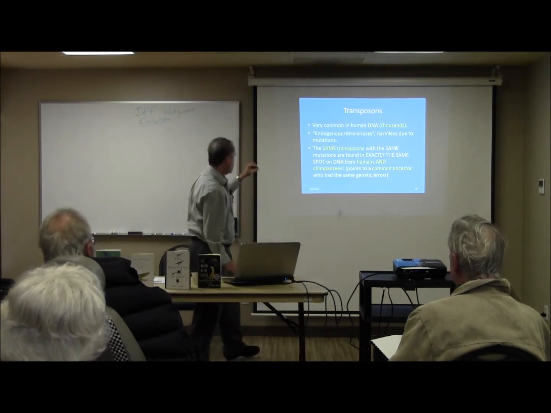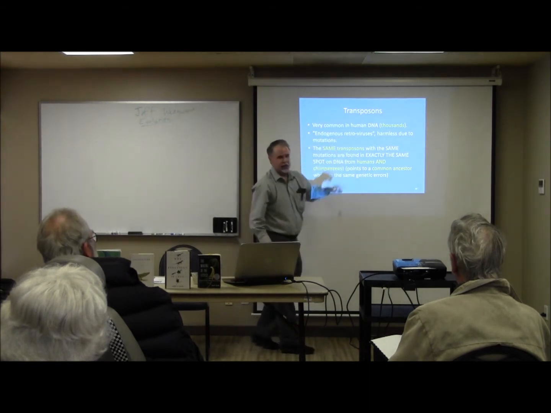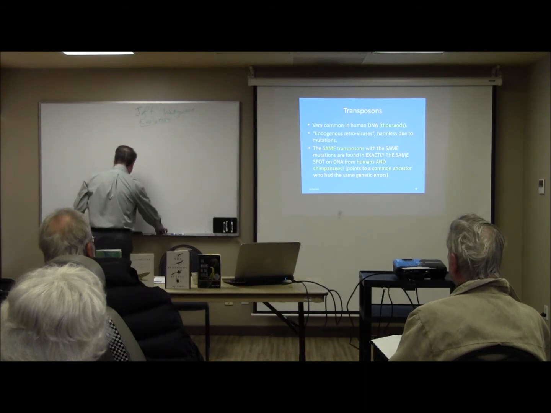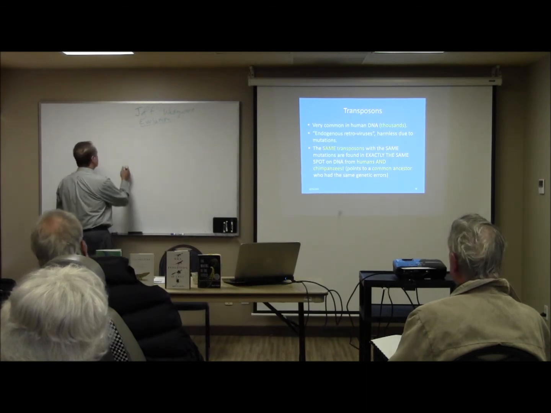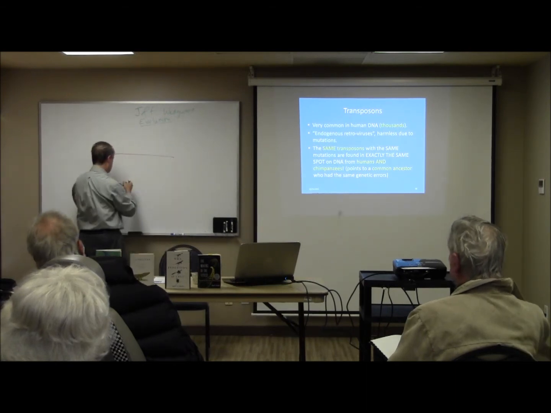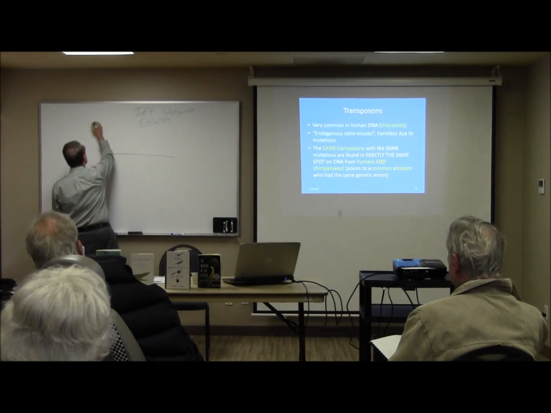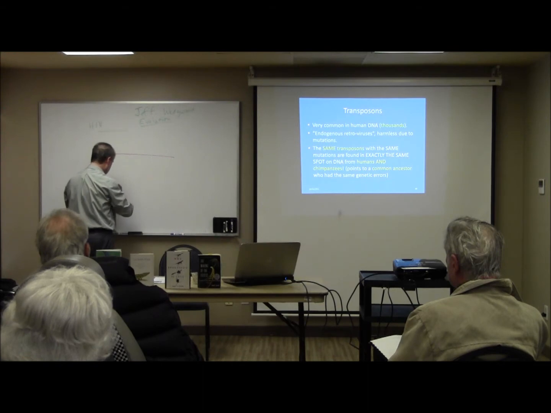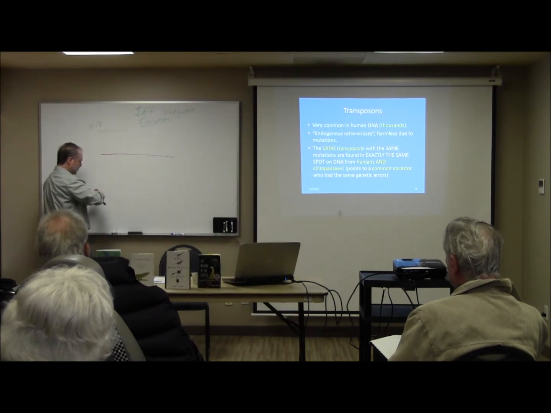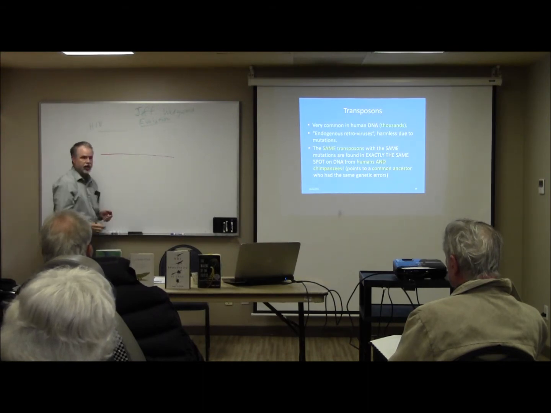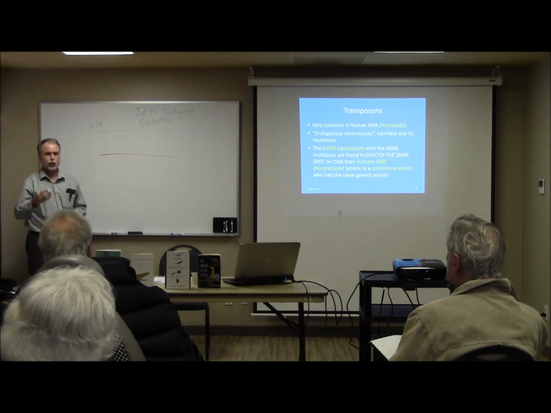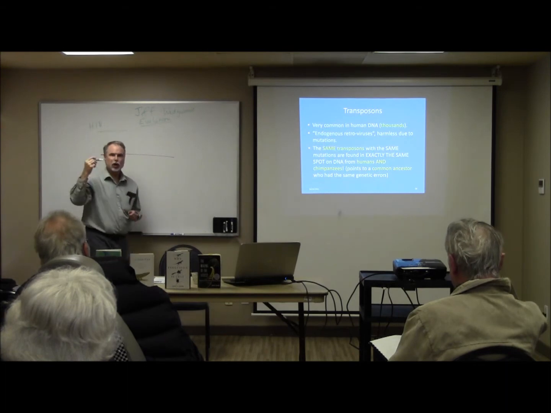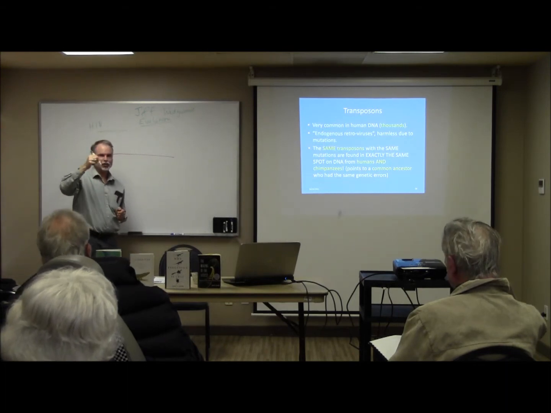Okay, let me take a step back. Endogenous retroviruses. You've heard of HIV, right? Okay. What does HIV do? HIV injects itself into a cell, it hijacks the ribosomes, creates proteins which are retro DNA transcriptases.